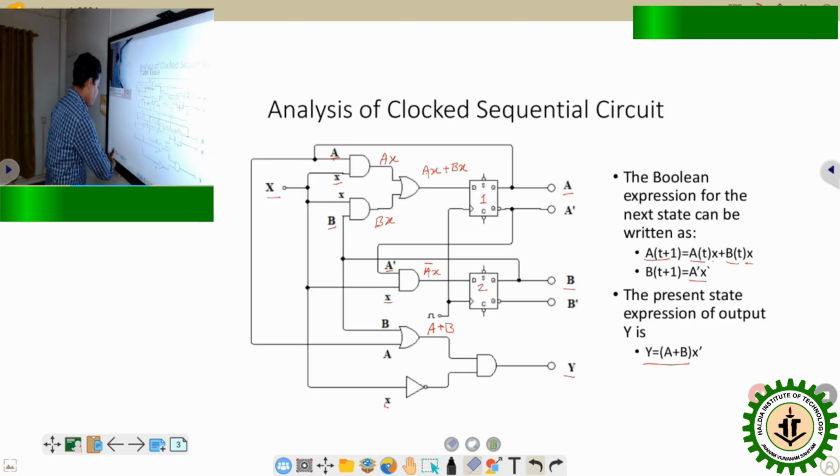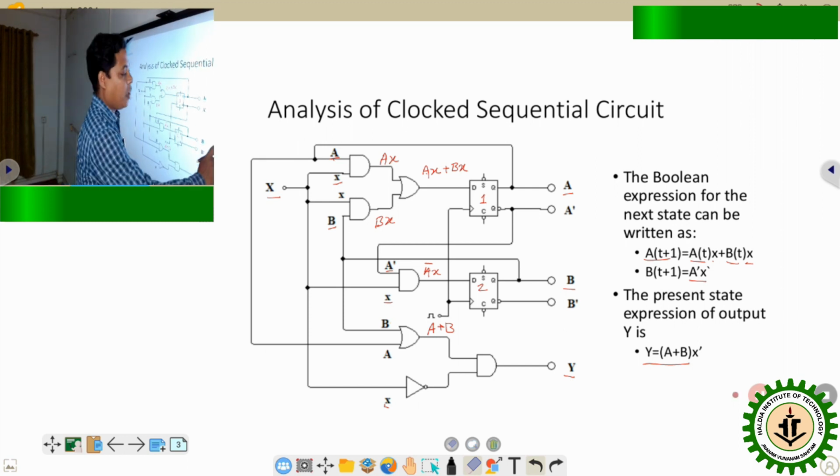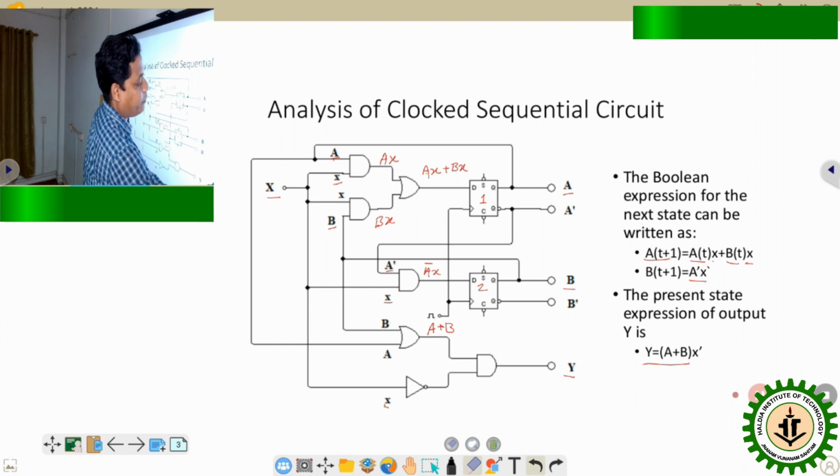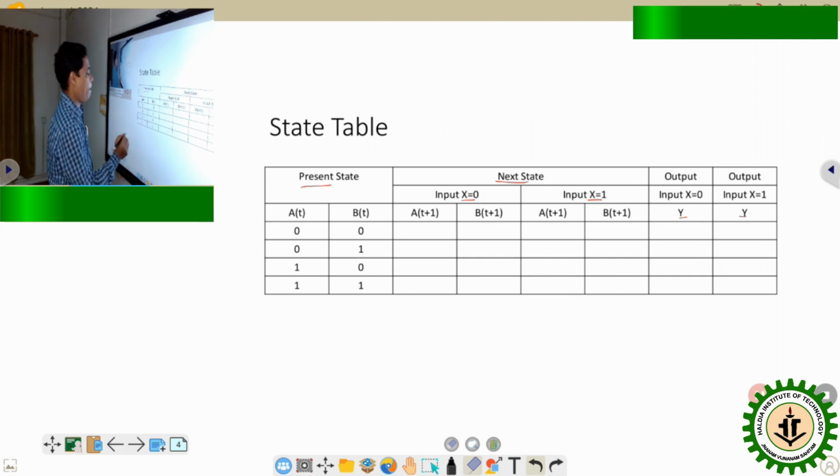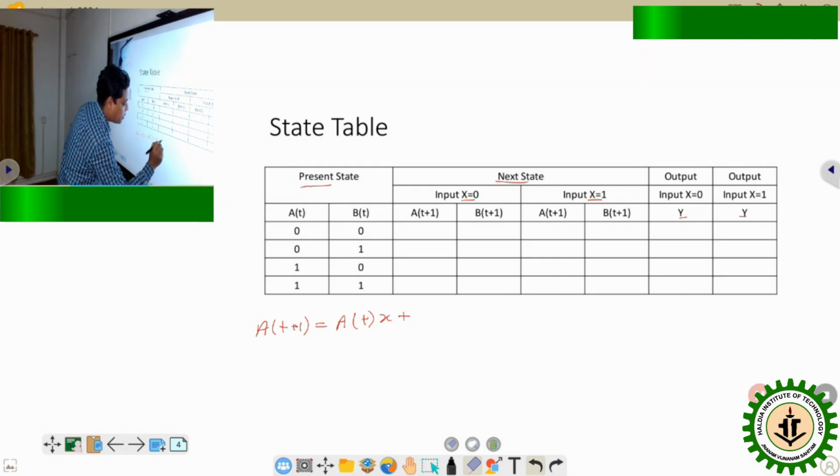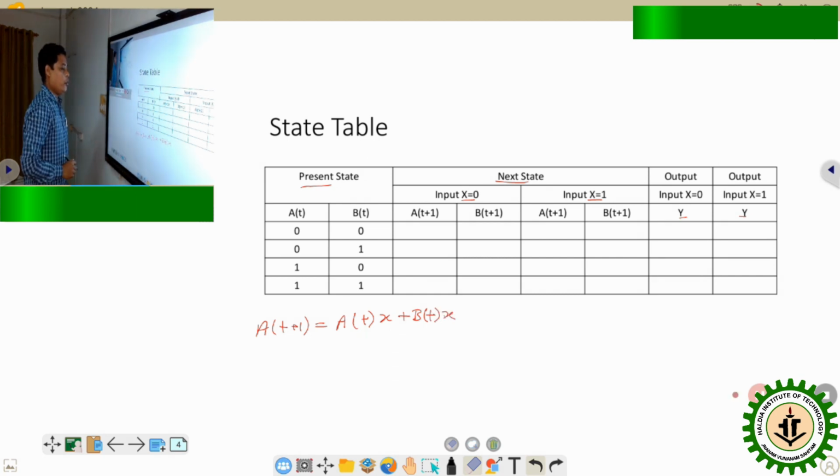So from the equations we can observe that A(t+1) is equal to A(t) X plus B(t) X. So if the input X equals 0, then the next state will also be equal to 0, no matter what the present states A(t) and B(t) are.